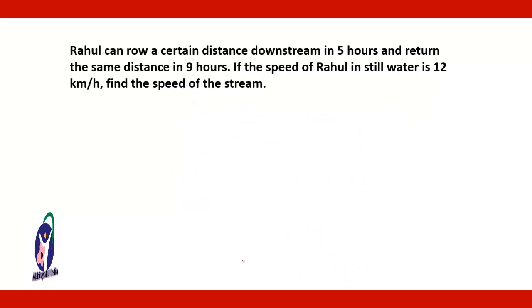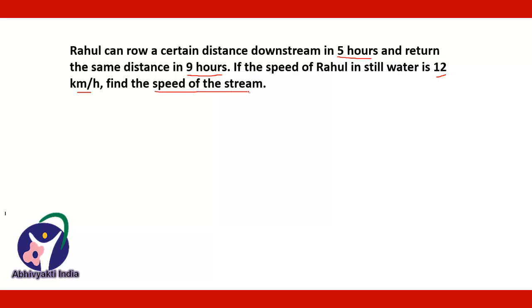Another question is: Rahul can row a certain distance downstream in 5 hours and return the same distance in 9 hours. If the speed of Rahul in still water is 12 km per hour, find the speed of the stream.